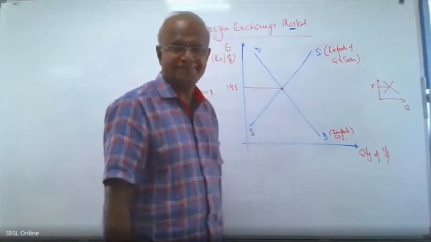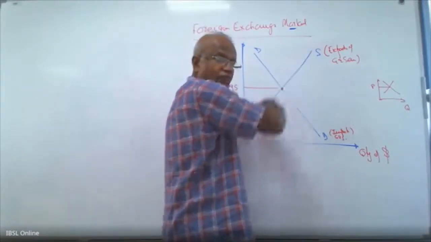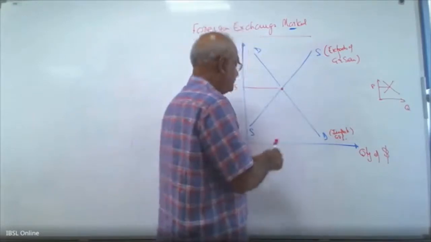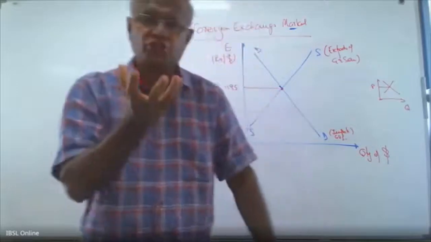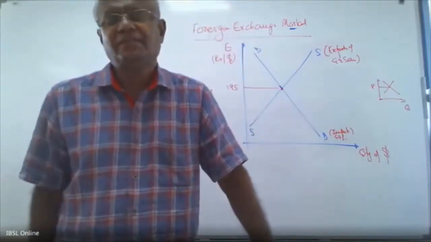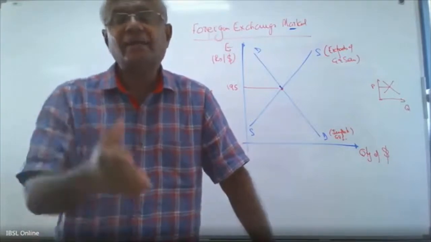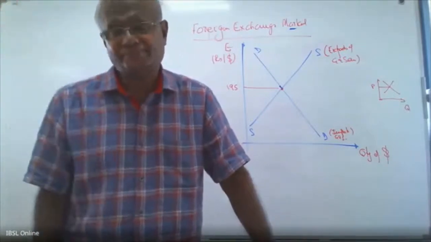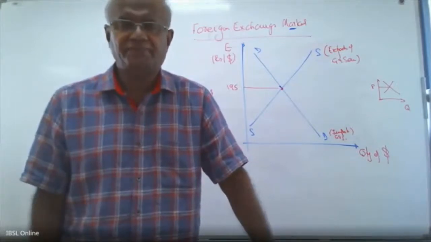Exports, remember, 11 billion, 12 billion, come from the BOP account. The balance of payments is the source for this diagram. It determines the demand and supply of dollars in the country, and it determines the exchange rate of the country.